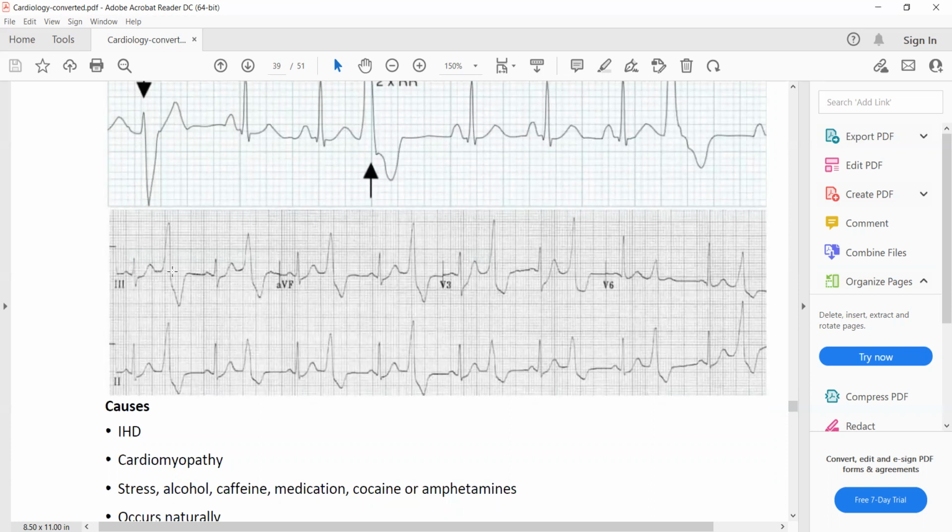This is a broad QRS complex followed by ST segment depression and T wave inversion. So one normal beat, one premature beat, again one normal beat and one premature beat, one normal beat, one premature beat. This phenomenon is known as ventricular bigeminy.